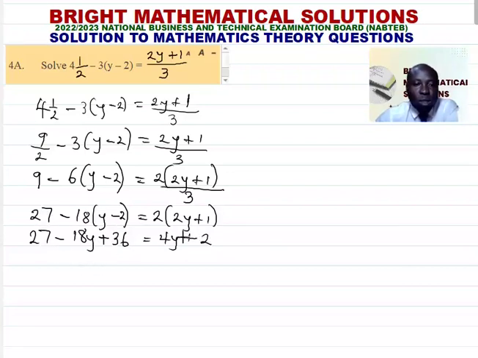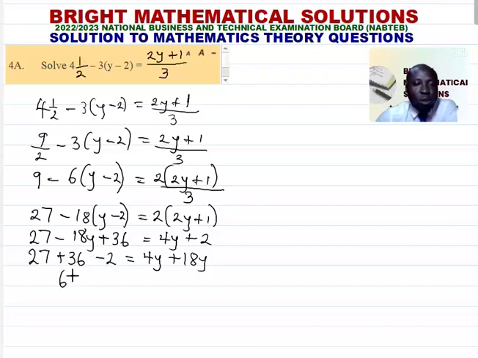Let us collect the like terms such that those that have y will come together and those that do not have y will come together. So that we have 27 plus 36 minus 2 equals 4y plus 18y. So therefore this will now become 27 plus 36 minus 2.